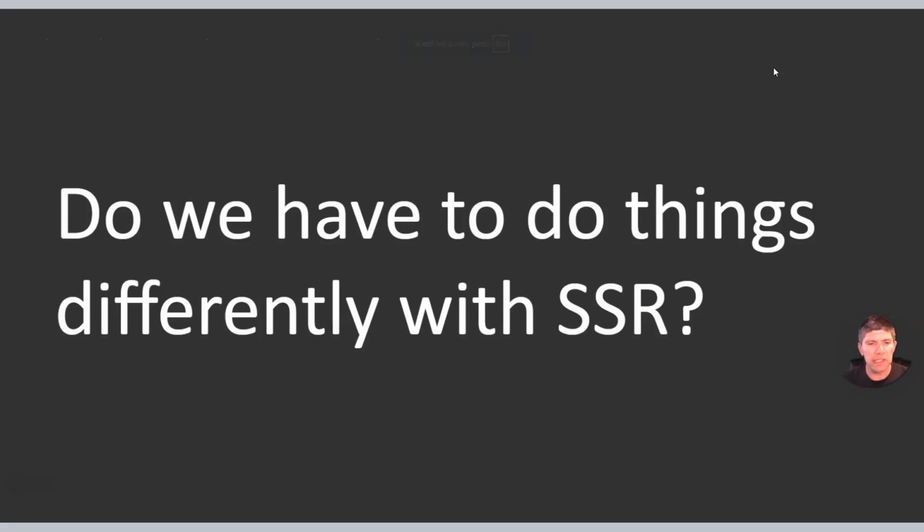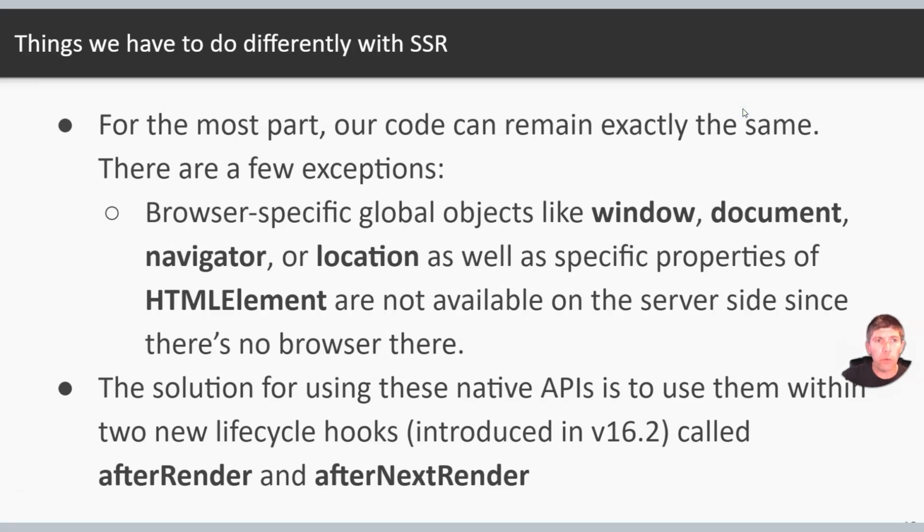So now that we saw how easy it is to add server-side rendering, are there any things that we have to do differently when we use it? Are there any downsides or exceptions to make? So for the most part, the code can remain exactly the same, meaning there's no adjustments to make, except if you're using code that is browser specific.